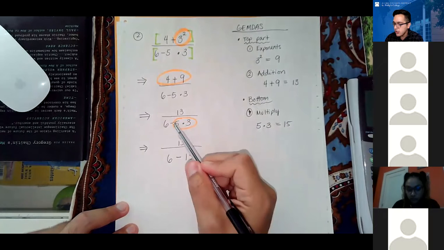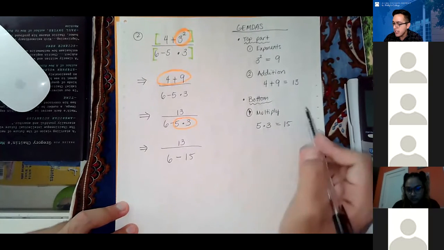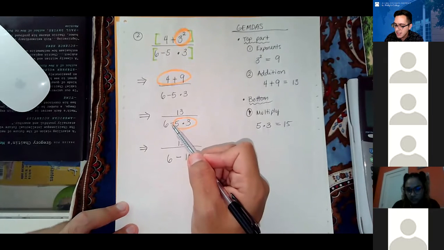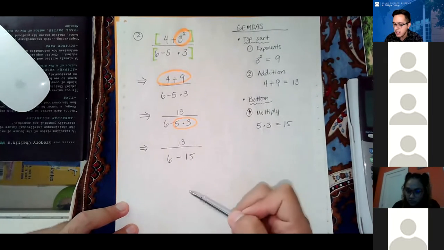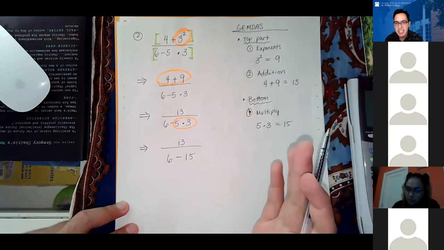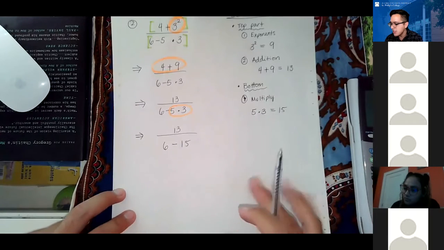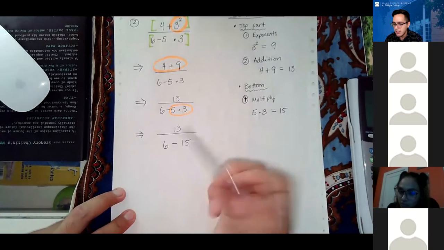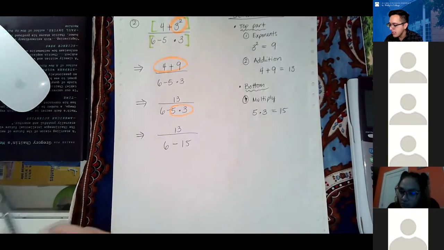If you had chosen to use the negative 5 times 3, you would have gotten a negative 15. And since you used the subtraction symbol, you would have to put plus negative 15, which is a little bit more cumbersome because that's just subtracting 15 anyway. So let's just treat these as whole positive numbers and just drag down that negative sign or the minus sign.